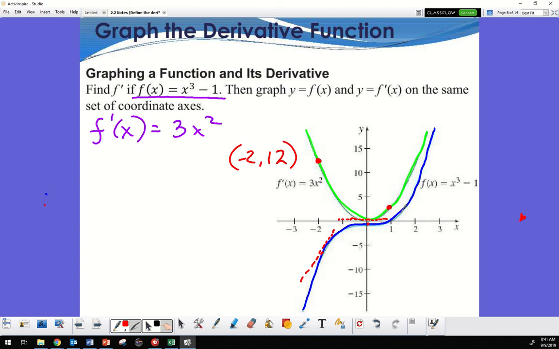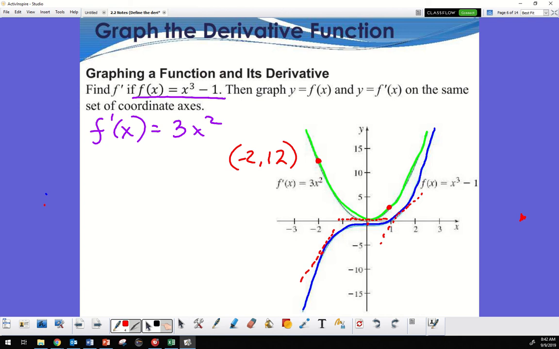So that means the slope at this point right here is going to be, let me see, that's positive 1, so my slope should be 4. At x equals 1, plug it into my derivative. It's not 4, it's 3, right? Sorry. Okay, so it's going to be 3.